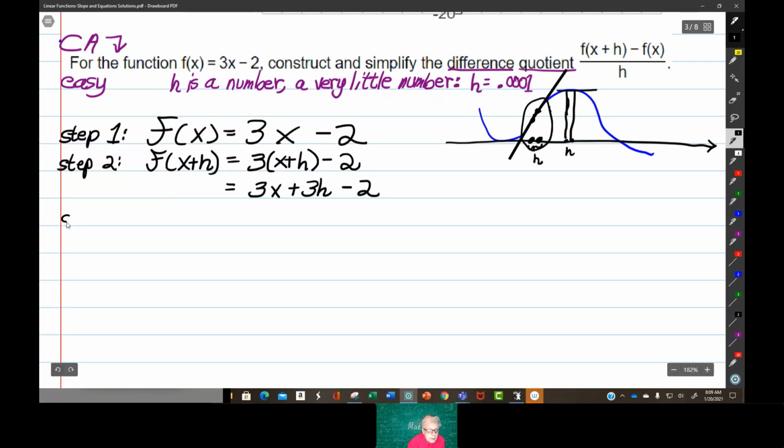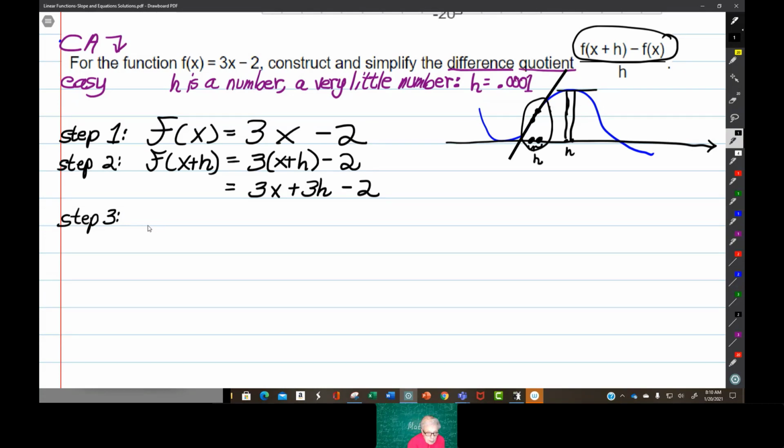Now step 3. We need to find the denominator. We're not dealing with that right now. Step 3 is just finding, did I say denominator? I meant numerator. We have to find the numerator, the top of the fraction.